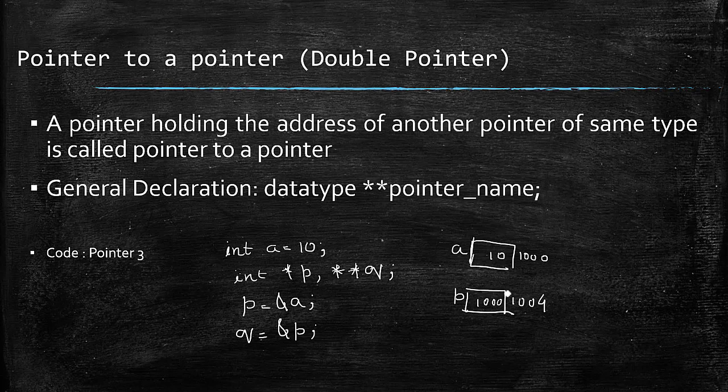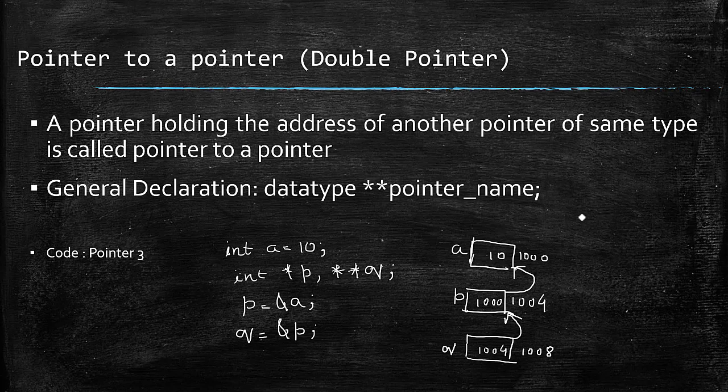Now by this, what I am saying is, p is pointing to this memory location, right? Now q is a pointer to pointer, so q is also stored in memory, and suppose its address is 1008, then it is storing the address of p. So what is the address of p? Address of p is 1004. So this is pointing to this one.